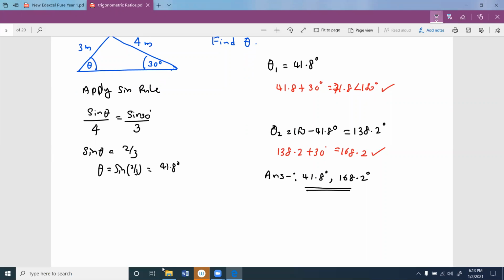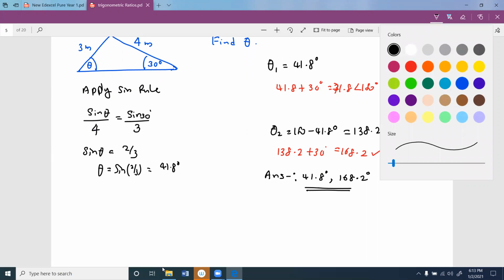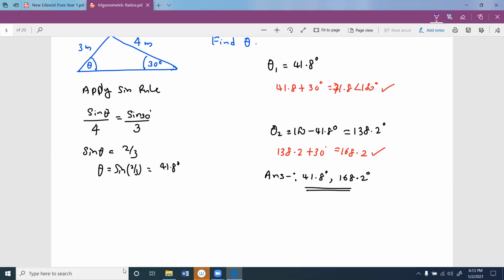Then I'll choose a different triangle with the same conditions. These are the two situations where we can see it. There are two situations like this.